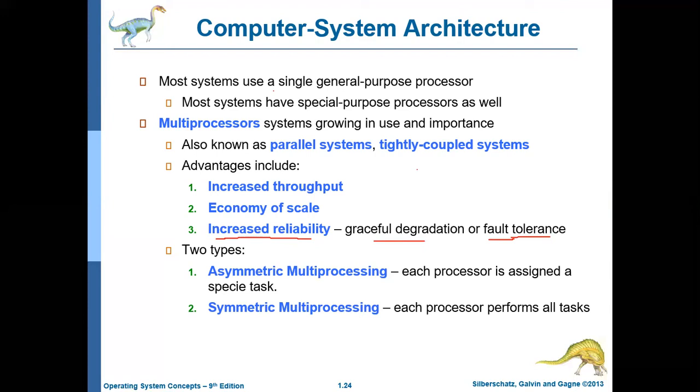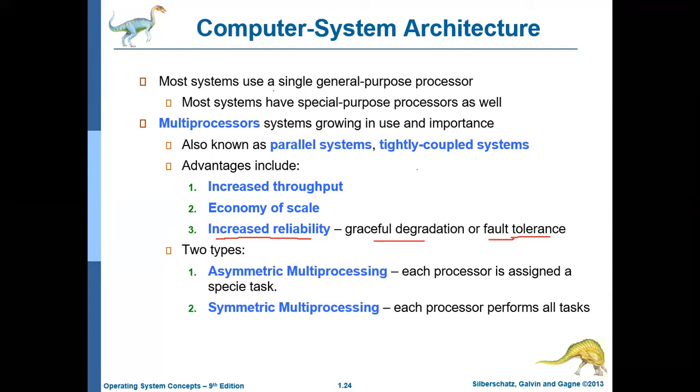Even if there is some hardware failure, the system will continue to work and provide the same performance that we were getting even before the failure of the hardware. So this concept is called fault tolerance. How is it achieved? Of course, fault tolerance is a costly operation.